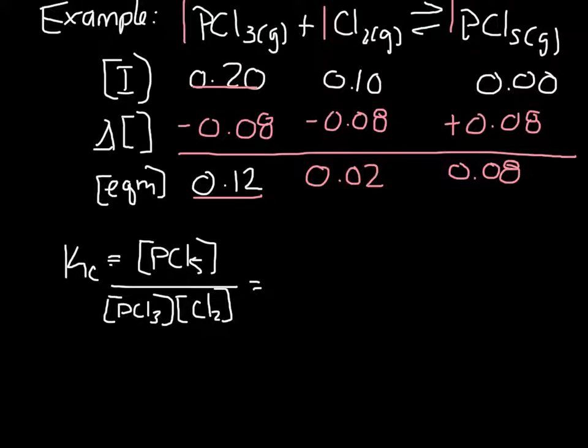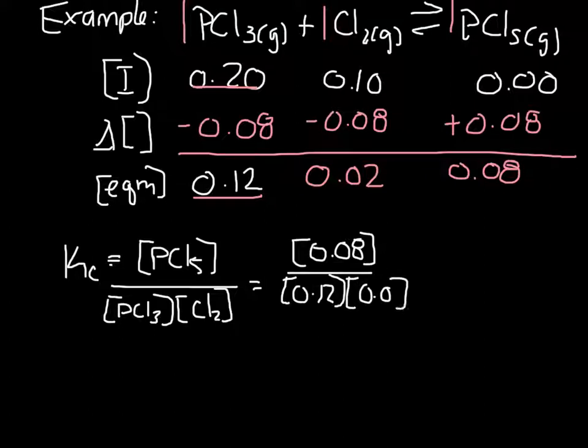Substitute our values in: 0.08 over 0.12 times 0.02. That value gives us 33. Again, this number lies above 1, which means we're going to favor products.